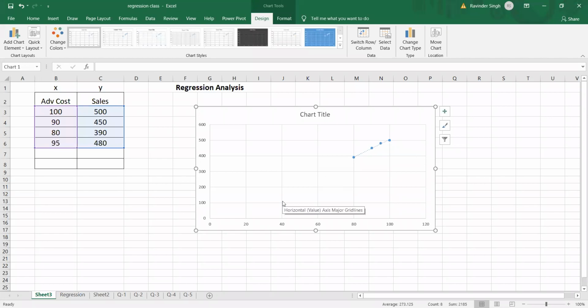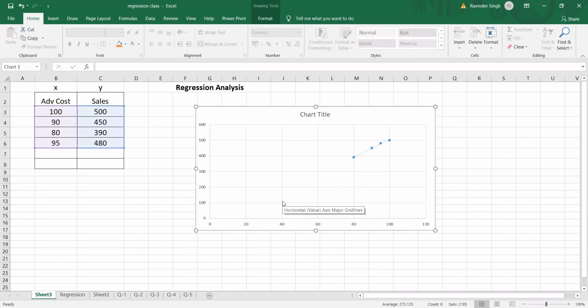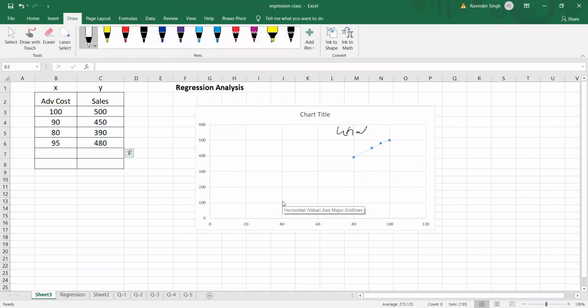But now our objective in regression analysis is to find the equation of this straight line we have fit. This is what we're going to do in our regression analysis.